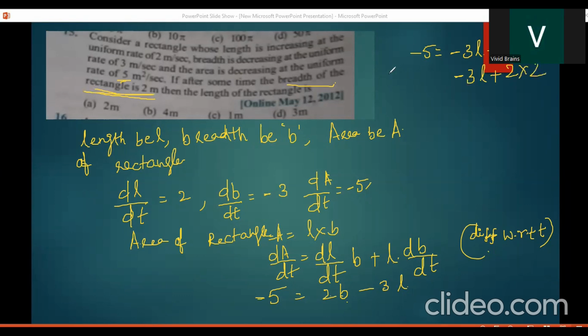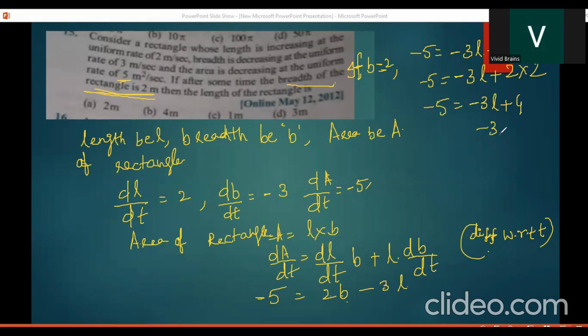If B is equal to 2, then this will be our expression. So what do I get? Minus 5 is equal to minus 3L plus 4.